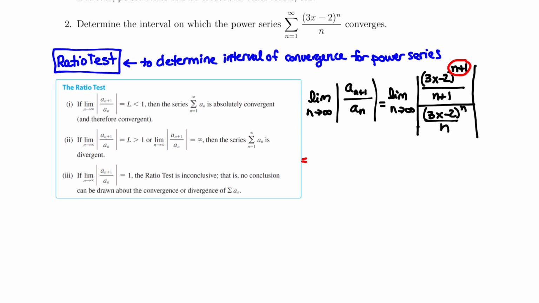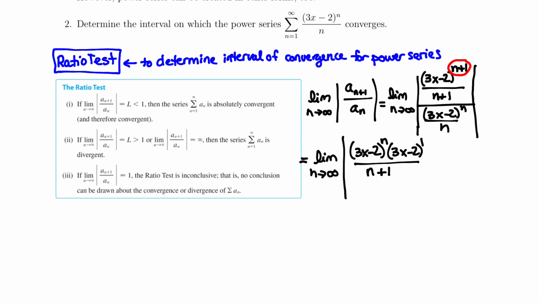and say that this is equal to the limit as n goes to infinity of (3x minus 2) to the nth power times (3x minus 2) to the first power over n plus 1.